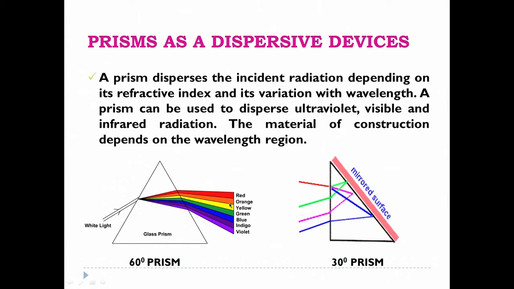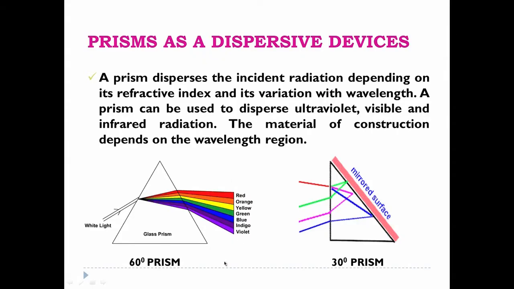Now, if I want orange, I have to move the slit a little down, and then I will be coming in the orange range. If you look at the same figure again and move down, you will see only the yellow color. So, the same slit can be moved up and down to get red, orange, yellow, green, blue, indigo, violet etc.